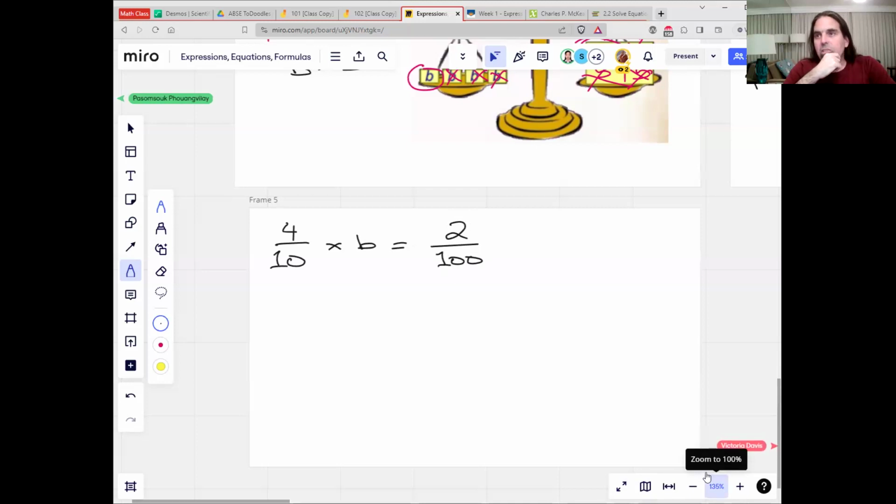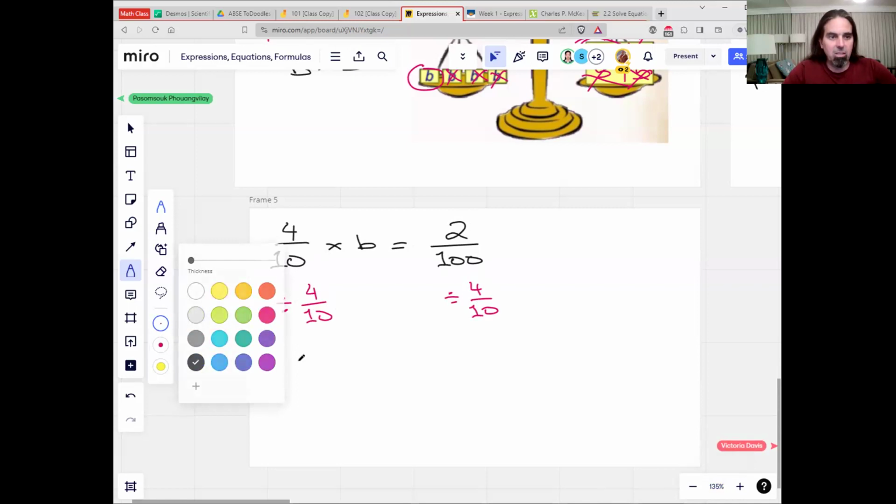I could just do the same thing and it works. I could say the opposite of times 4/10 is divided by 4/10. So I'll do that to both sides. Then I get b by itself.